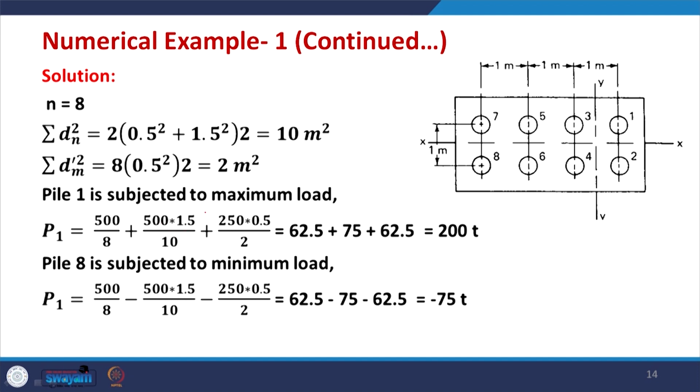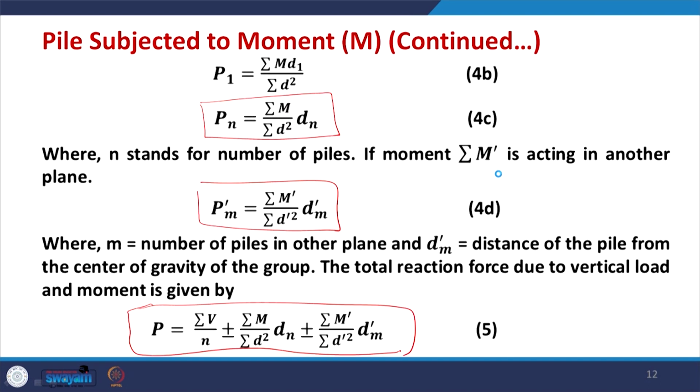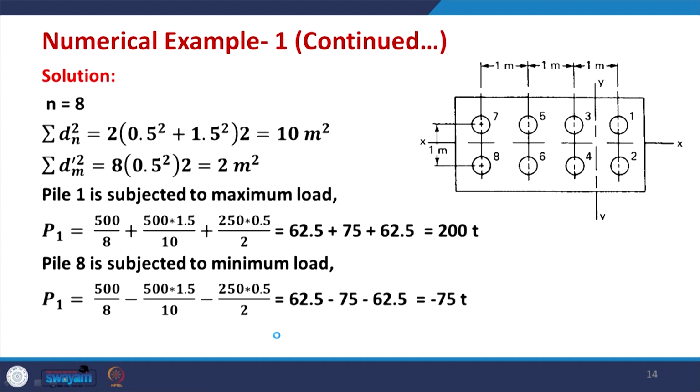Pile number 1 will be subjected to the maximum load and pile number 8 will be subjected to the minimum load. How does this come? In this equation, if I use plus here and plus here, that will give you the maximum load. If I use minus in both places, then naturally you get the minimum value. Using the plus sign in both cases, you get 200 ton.